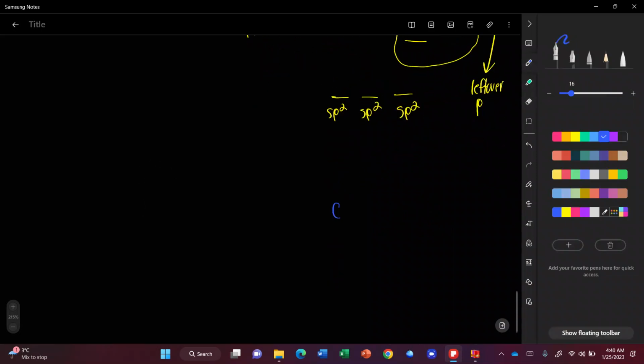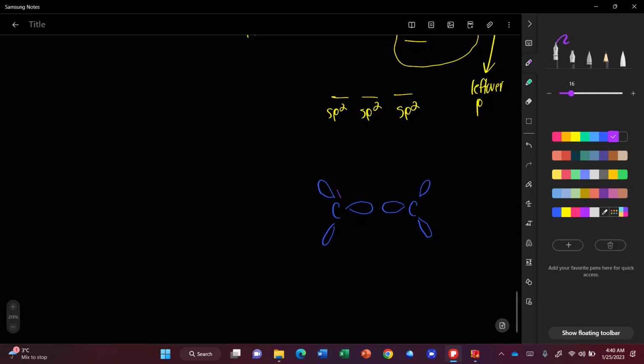So when you have a molecule of ethylene, carbon has an sp2 orbital right there, and right there, and right there. This carbon also has an sp2 orbital right there, and right there, and right there. But both of the carbons have these leftover p orbitals.